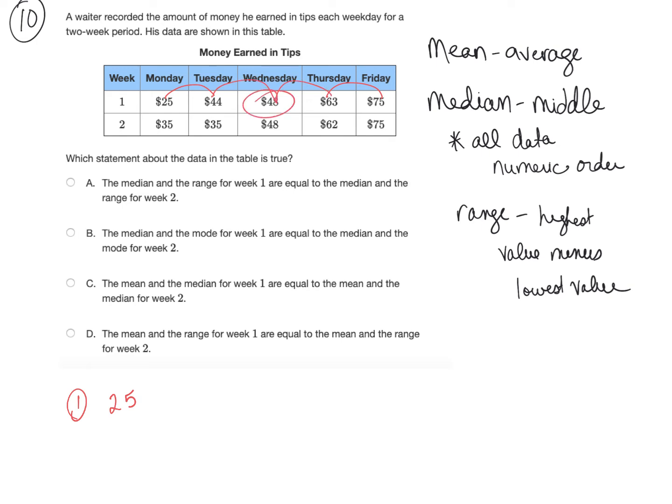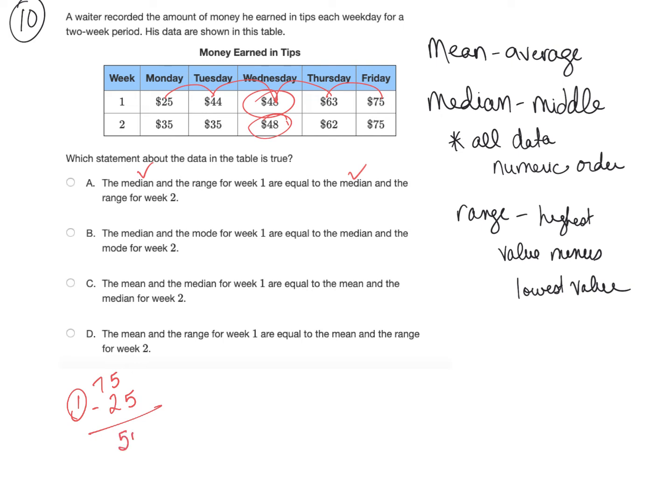And of course, the median for week 1 is 48. And if you notice, for week 2, that is also in numeric order, and 48 is the median for week 2. So the median for week 1 and 2 do match, but the question is, does the range? For week 1, it's going to be the lowest subtracted from the highest.